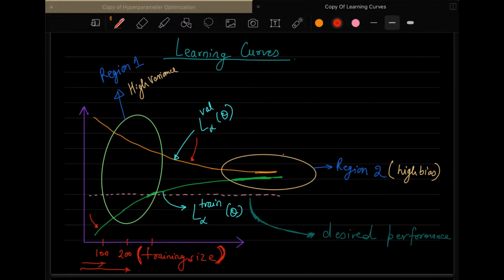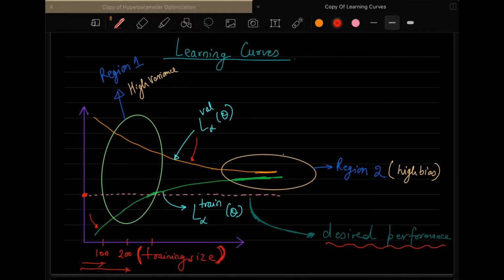So this is the situation when you increase the training size and your validation and training loss are following these curves, and let us say that the pink highlighted line is the desired performance that you want. You want some desired performance of validation as well as the training loss, which I am indicating by this horizontal dotted line.